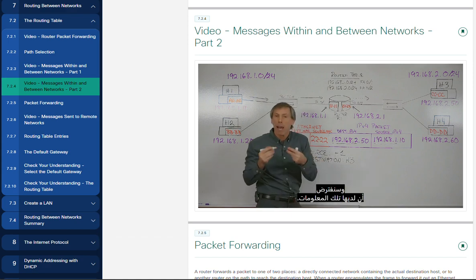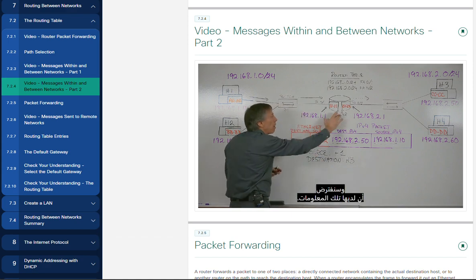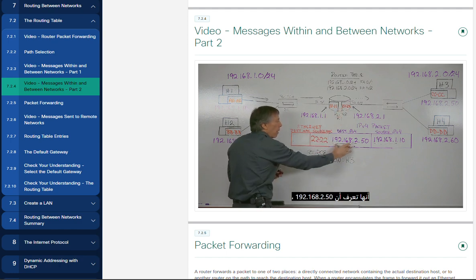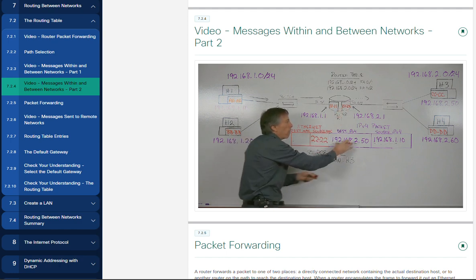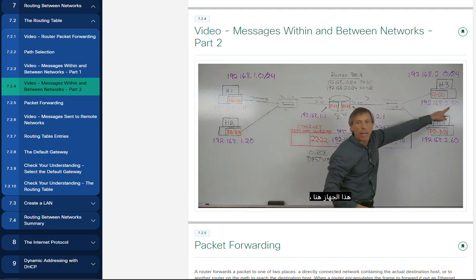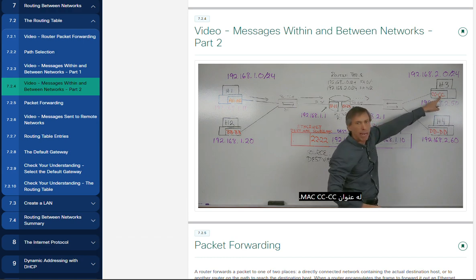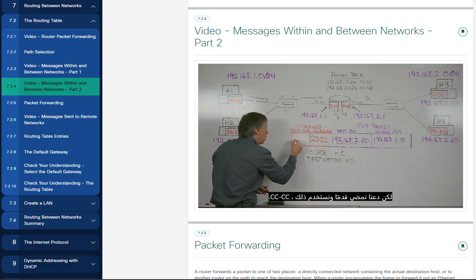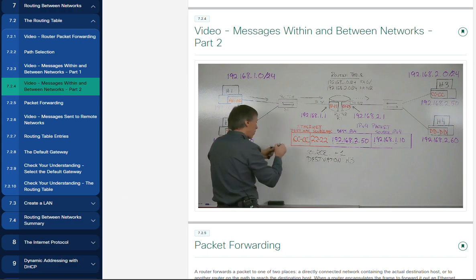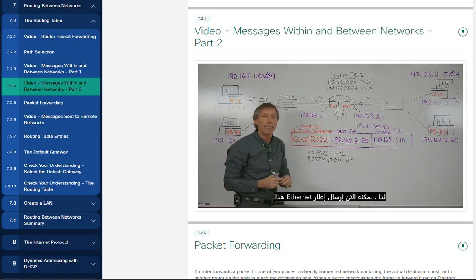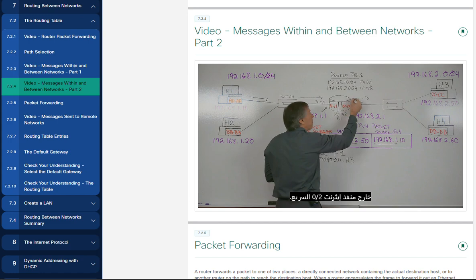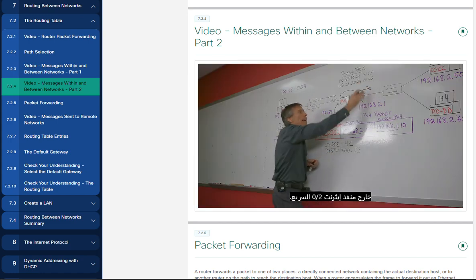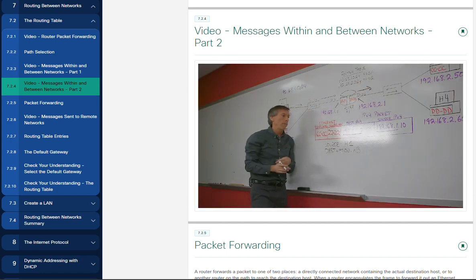We're going to assume that it knows that 192.168.2.50, this device right here, has the MAC address CCCC. Again, that's abbreviated, but let's go ahead and use that. So now it can send this Ethernet frame out the Fast Ethernet 02 port.